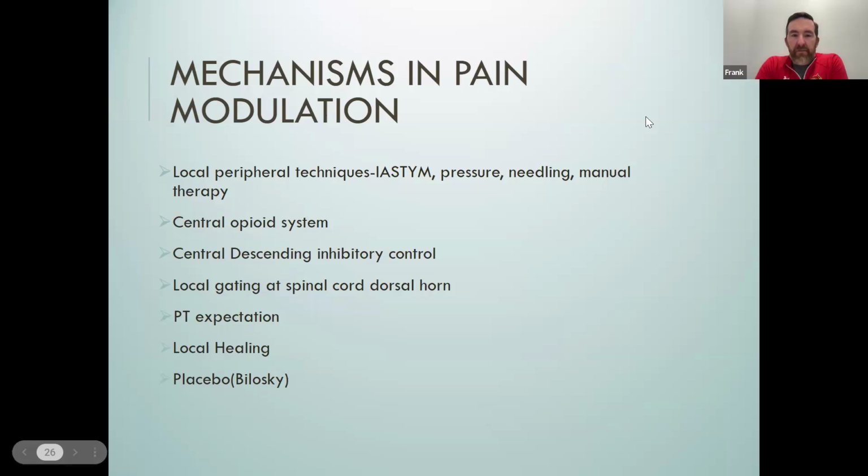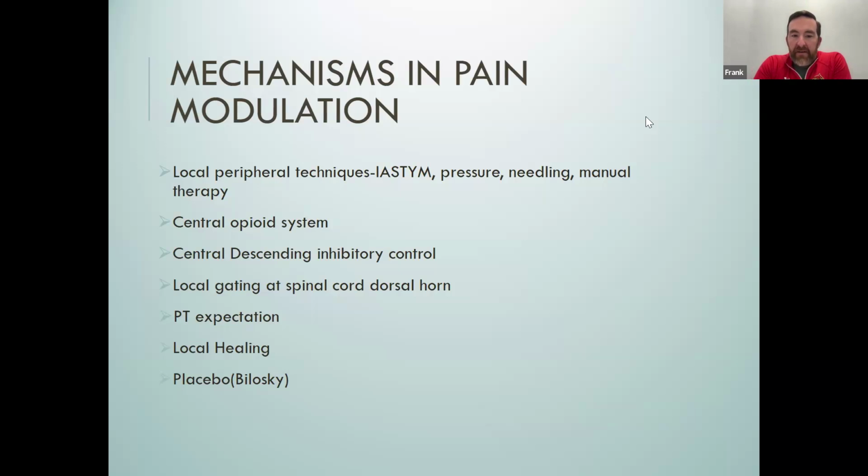So this is a list of what I think about as the tools in our toolbox to help modulate pain. You have the local peripheral techniques: ISTIM, some deep pressure, active release technique, needling, manual therapy, whether it's mobilization or manipulation. We have the descending inhibitory control.